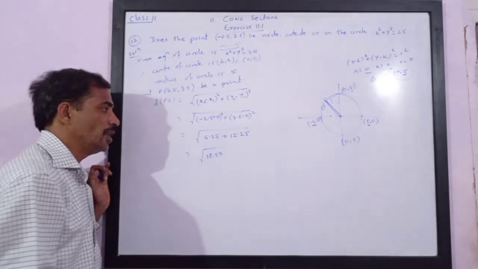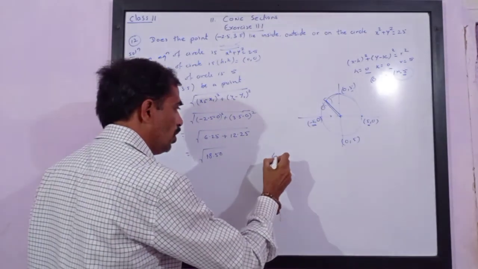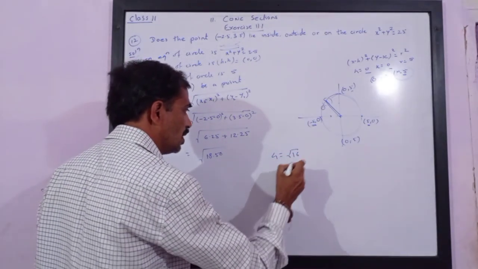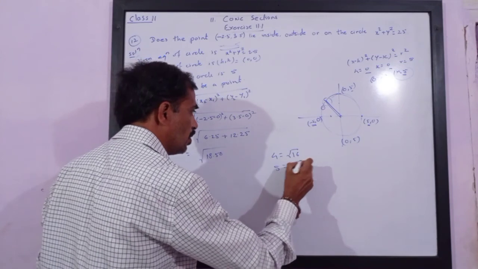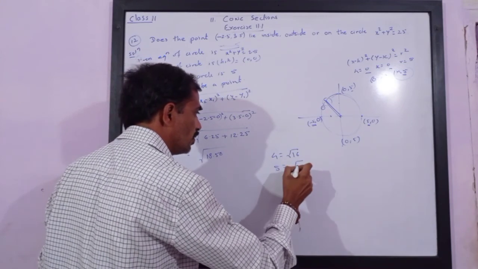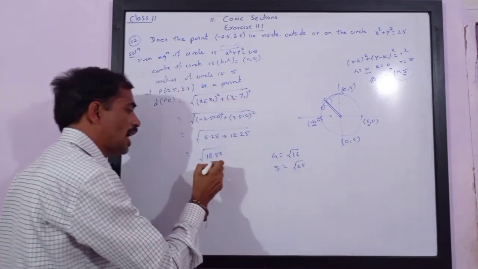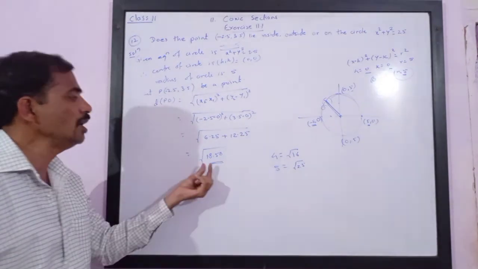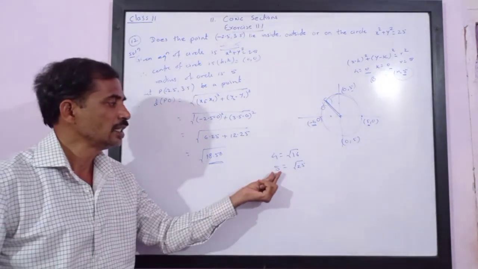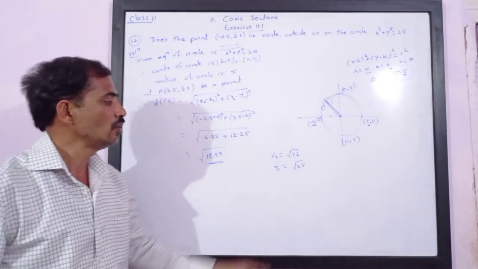Now you might know that 4 is equal to square root of 16 and 5 is equal to square root of 25. It does mean that square root of 18.50 is less than square root of 25.